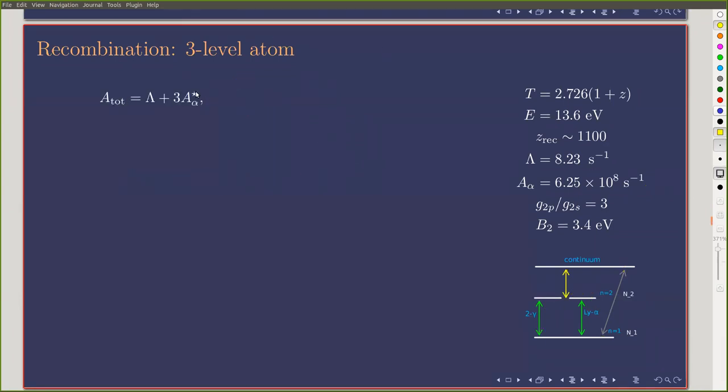Okay, keeping this, now we can find the evolution of the number of atoms in the ground state.